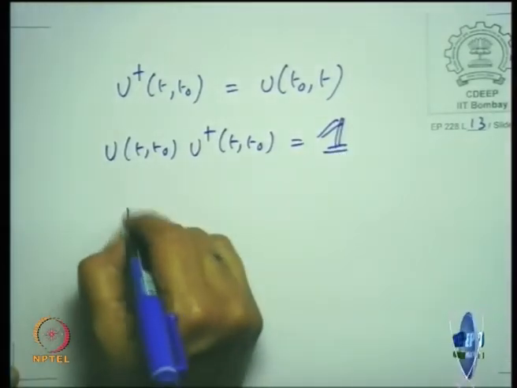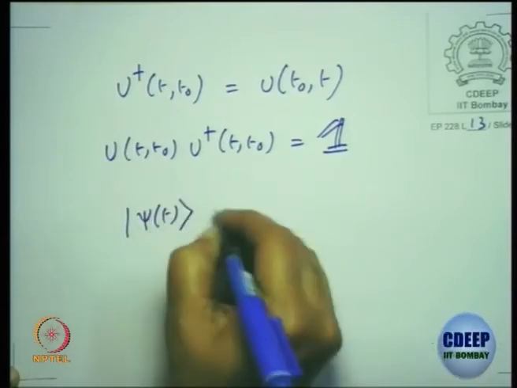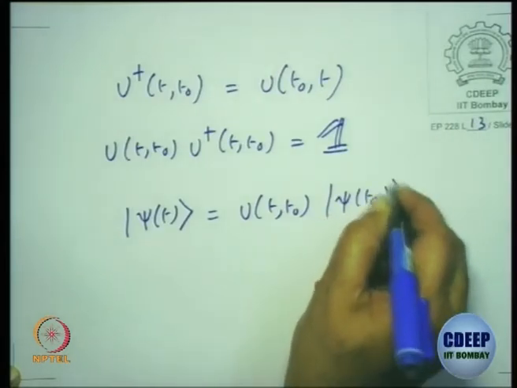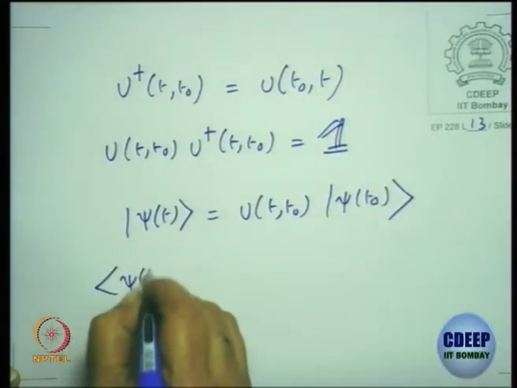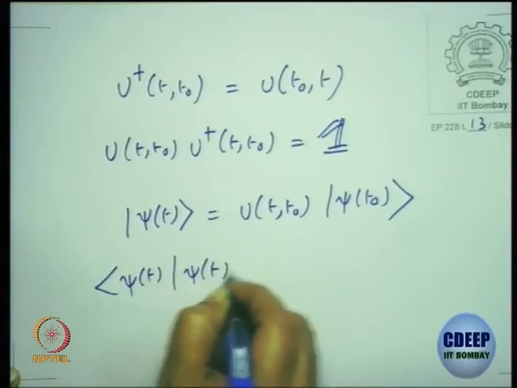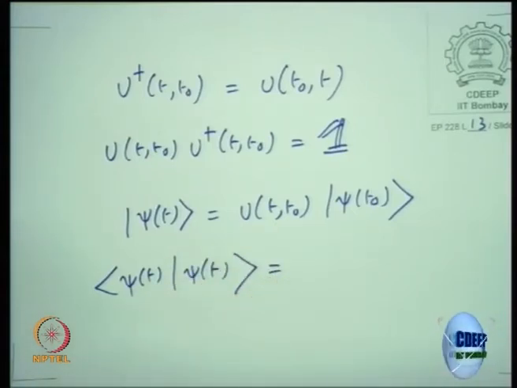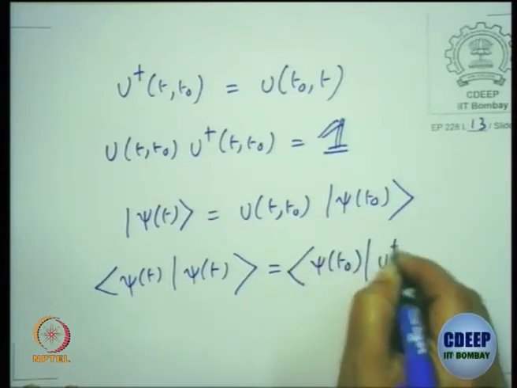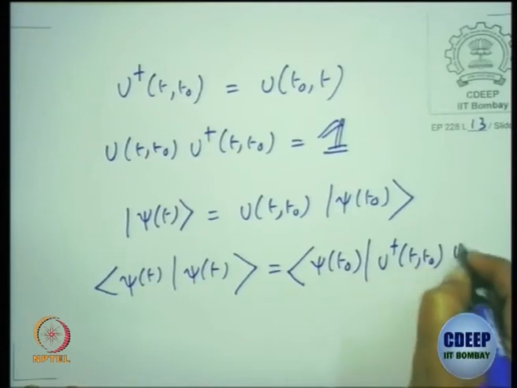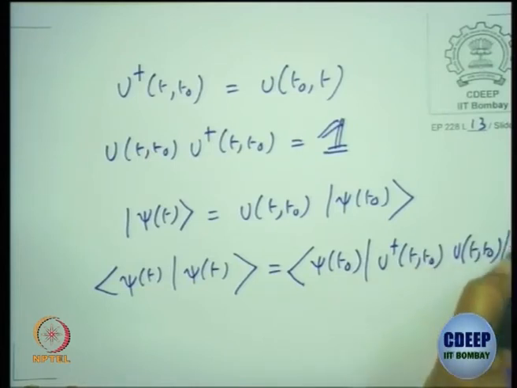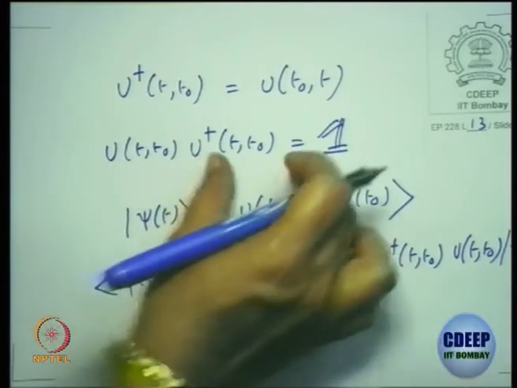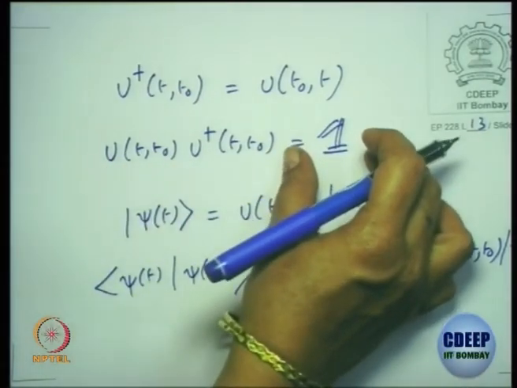So you can write psi of t as U(t, t0) psi of t0. You can write the inner product of psi of t with psi of t to be psi of t0, U dagger(t, t0), U(t, t0), psi of t0. And use the property that U dagger U is identity.